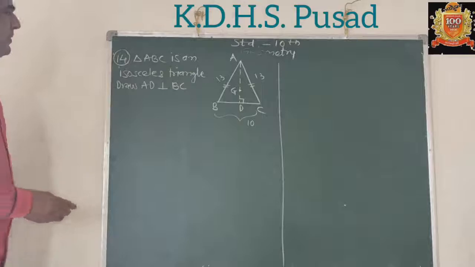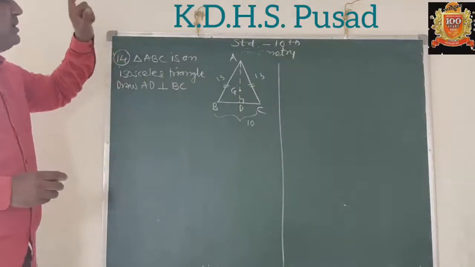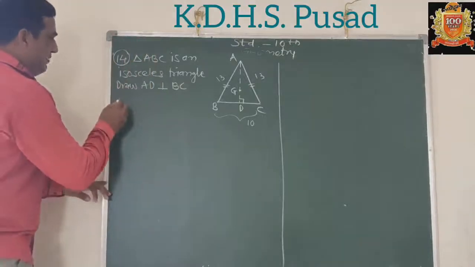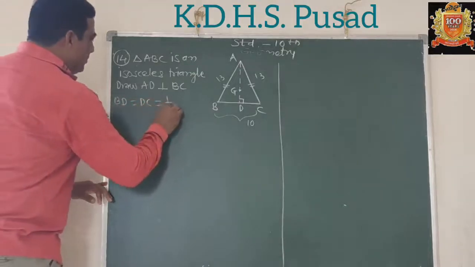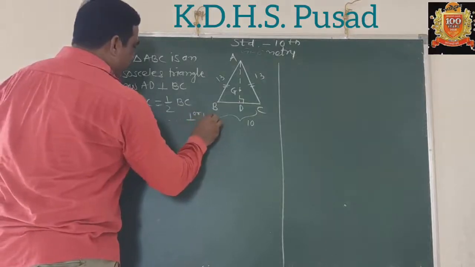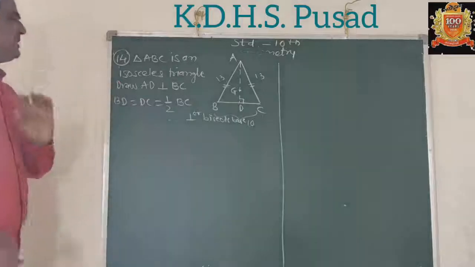So here, a perpendicular drawn from the vertex opposite the base of an isosceles triangle to the base bisects the base. Therefore, we get BD equal to half of BC. The perpendicular bisects the base.